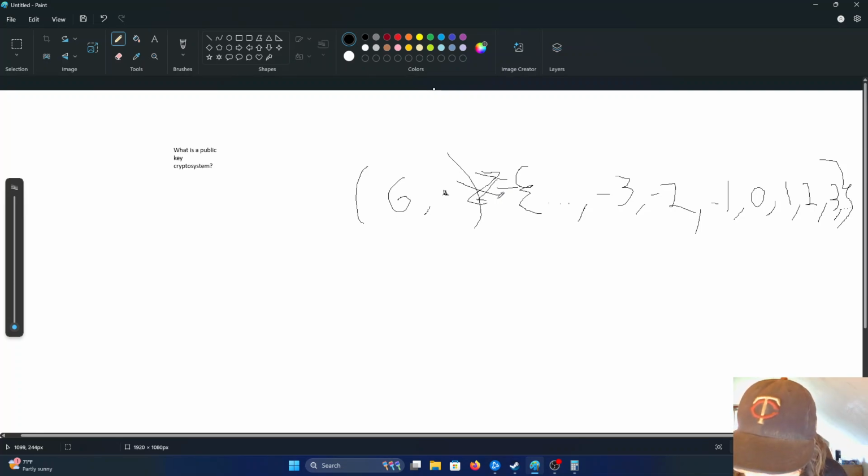Every positive integer can be obtained by repeated addition of 1 to itself, e.g. 7 can be expressed as 1 plus 1 plus 1 plus 1 plus 1 plus 1 plus 1.